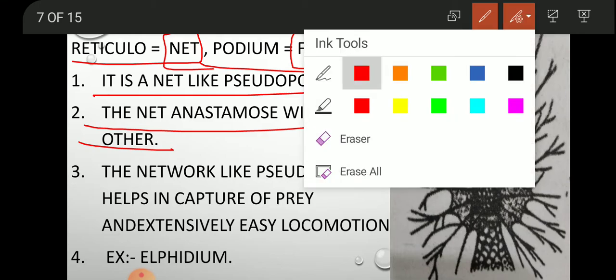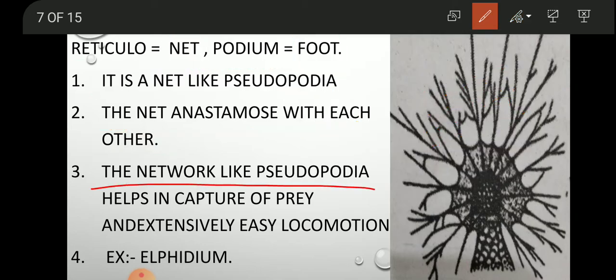The network like pseudopodia helps in capture of prey. If there is a food nearby, they help in the capture and hold the food. Okay, the main thing is they hold the food. As you can see, we all have seen the nets of spider. The spider forms net like structures.